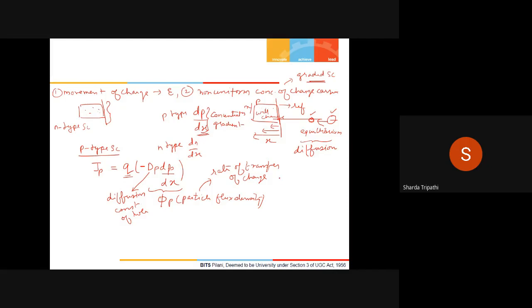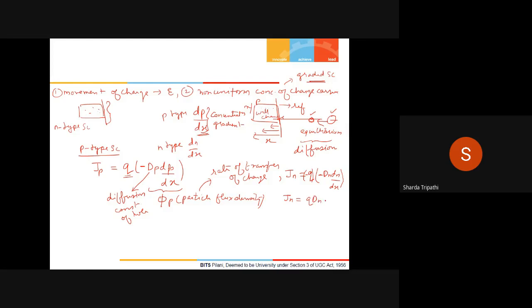Similarly, for an n-type of semiconductor, this will be given by charge multiplied by the particle flux density for an n-type material. So this is given by minus Dn into dn by dx. But here, since q itself is minus due to the presence of electrons, or due to the presence of the negative charge, Jn is actually positive in this case.